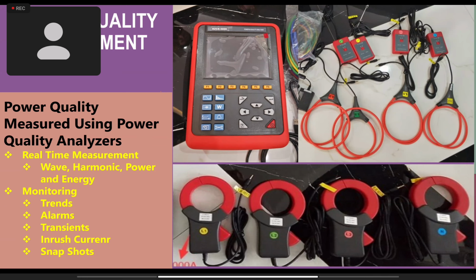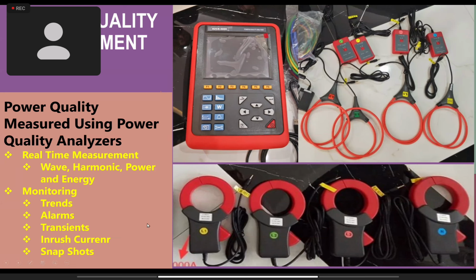Yung power quality analyzers, simply, it's just an instrument that measures usually the current and the voltage of the system. And then from those readings, meron siyang program, software na pwedeng i-segregate yung conditions na gusto nating malaman sa system. So ito yung kanyang mga components: CT, we have the voltage sensors, and we have the instrument.